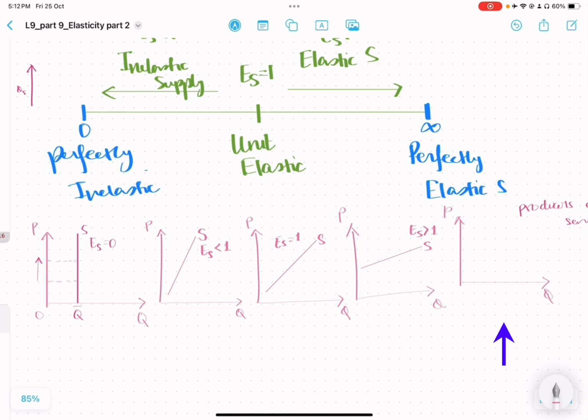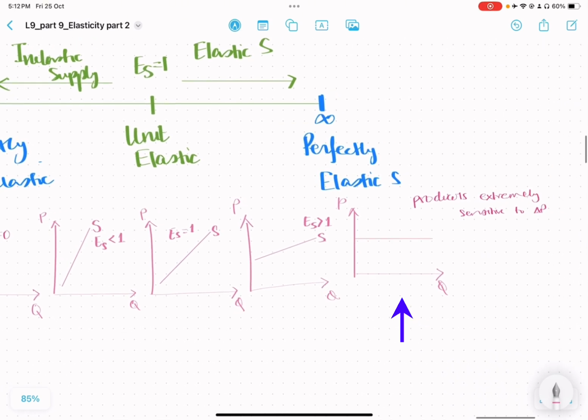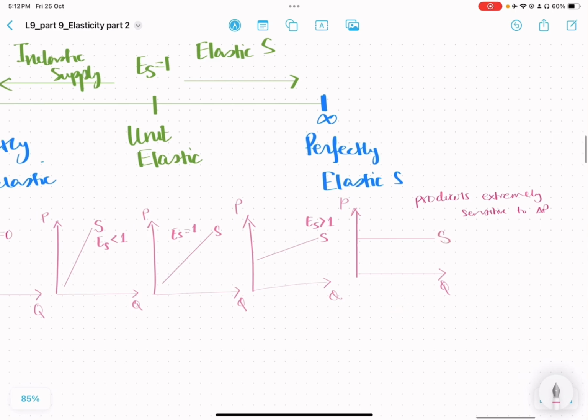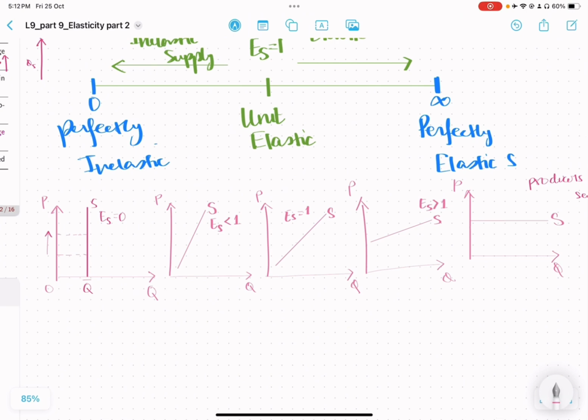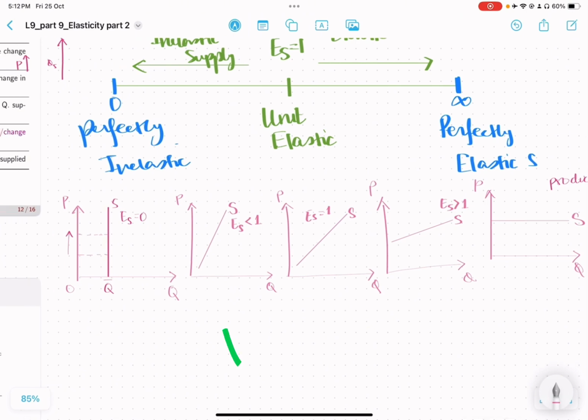And then finally, with perfectly elastic supply, we've got a flat supply curve. And this is where we can say the producers are extremely sensitive to a change in price. The key thing that you need to remember is that when we have inelastic supply, we are dealing with a steep supply curve, and when we have elastic supply, we're dealing with a flat or flatter supply curve.